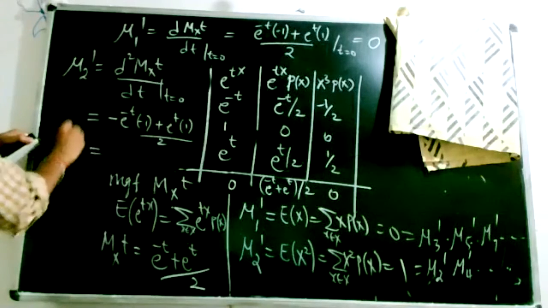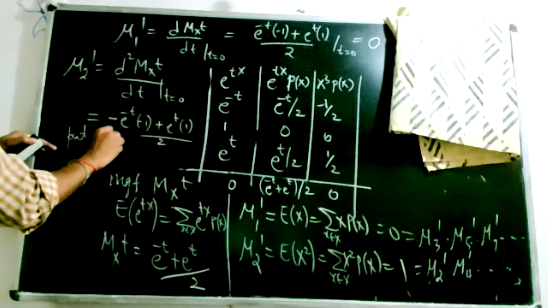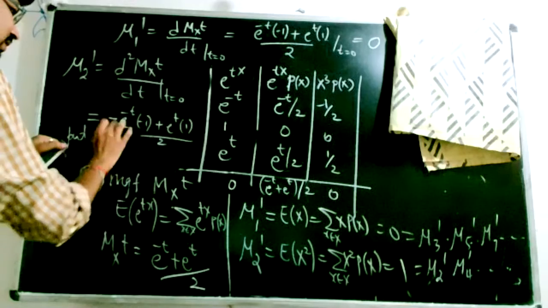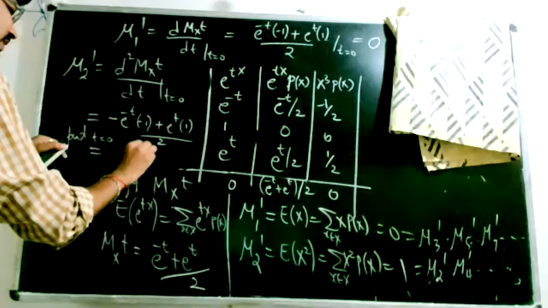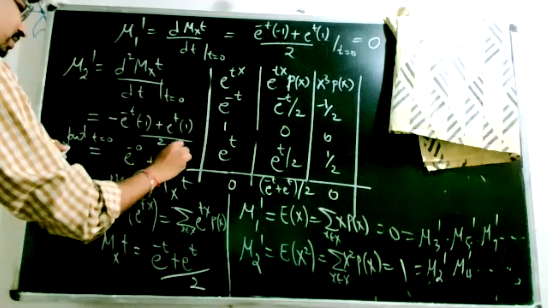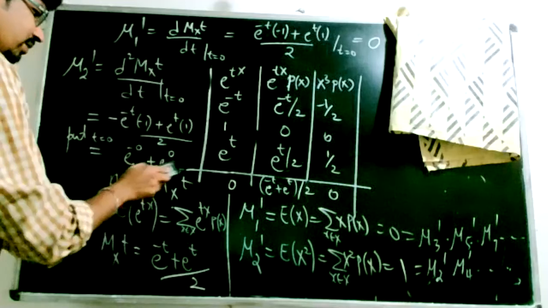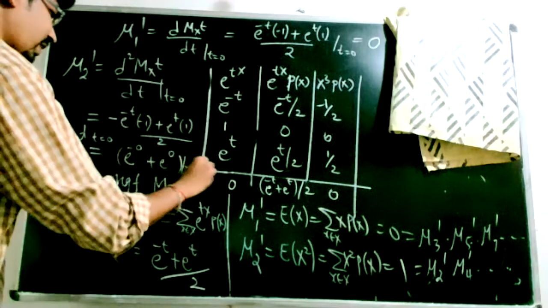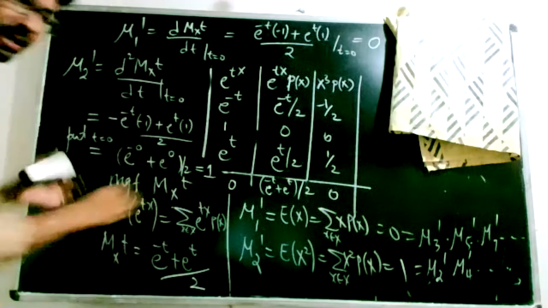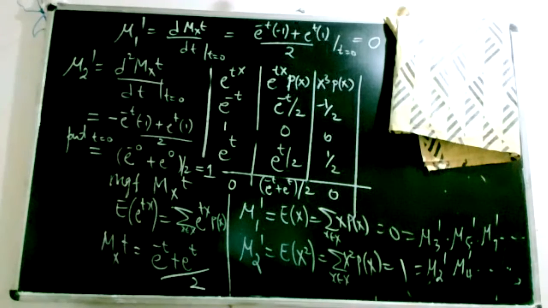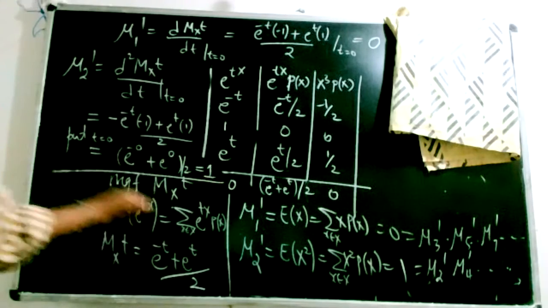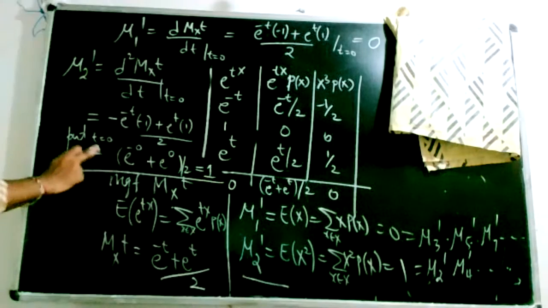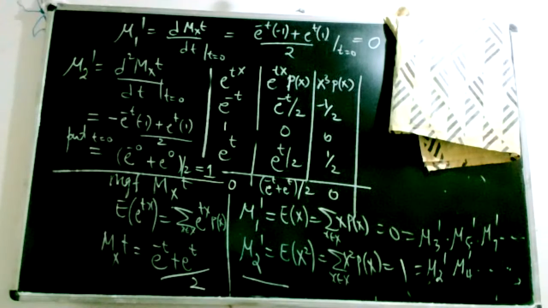When I put t equals 0, this simplifies to e power minus 0 plus e power 0 divided by 2, which comes to 1 plus 1 by 2, which is equal to 2 by 2 or 1. So you got the same answer. mu2 dash is equal to 1. Even from this, it is equal to 1.